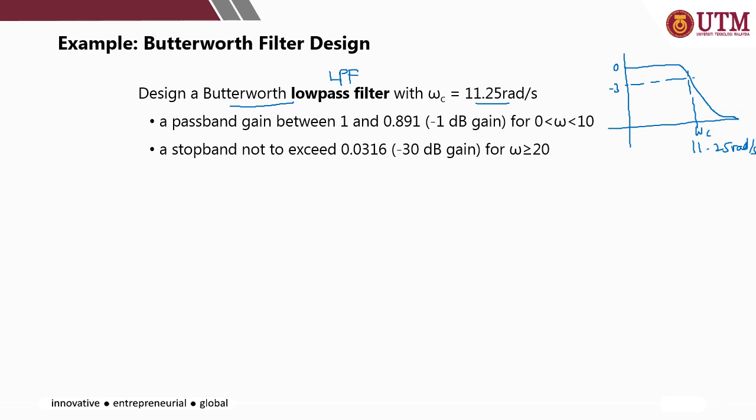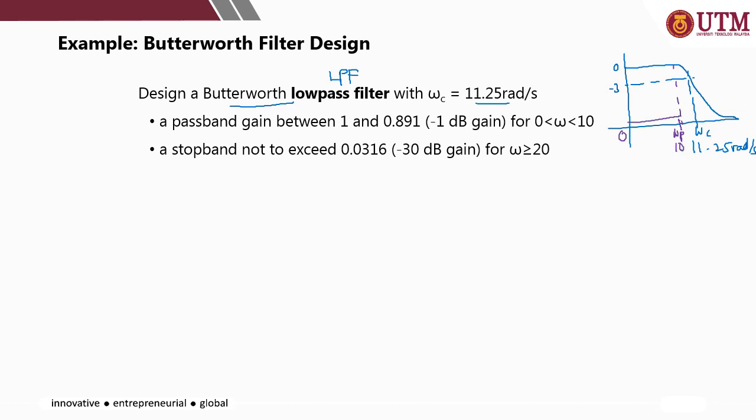And then a pass band gain between 1 to 0.891, or minus 1 dB, for omega equal to 0 up to 10. Here is 11, so 10 is somewhere here. So this is the pass band, I'll call it omega p, the pass band frequency. It is equal to 10.